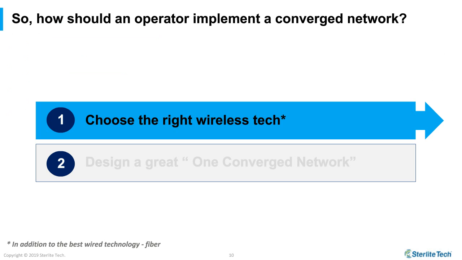Sure. So, we've looked at the convergence of the network. Then how does an operator make a decision on this? How does one implement this converged network? As a first step, we obviously know what the optimal solution for wired connectivity is, which is fiber.